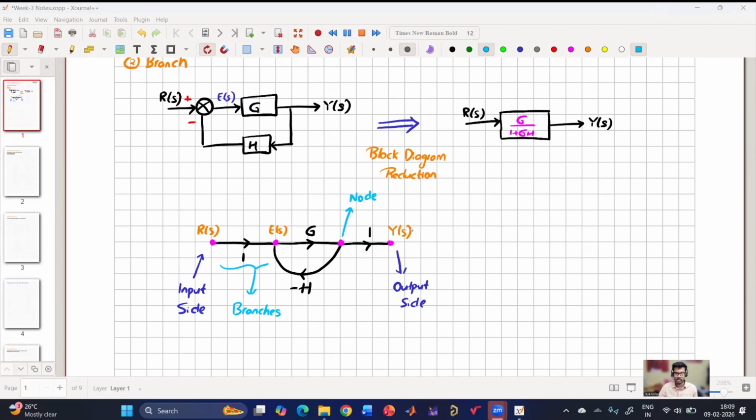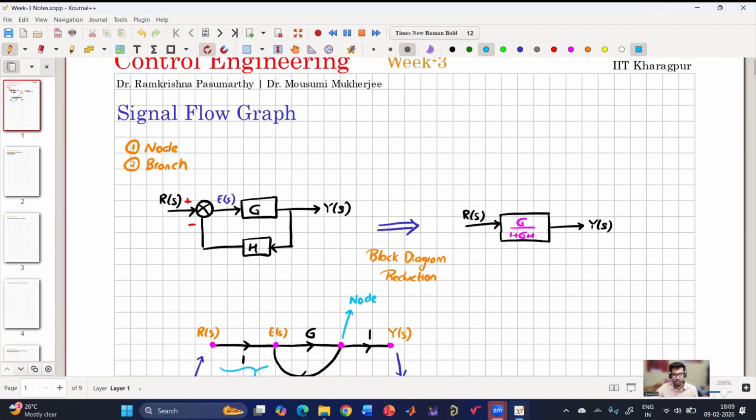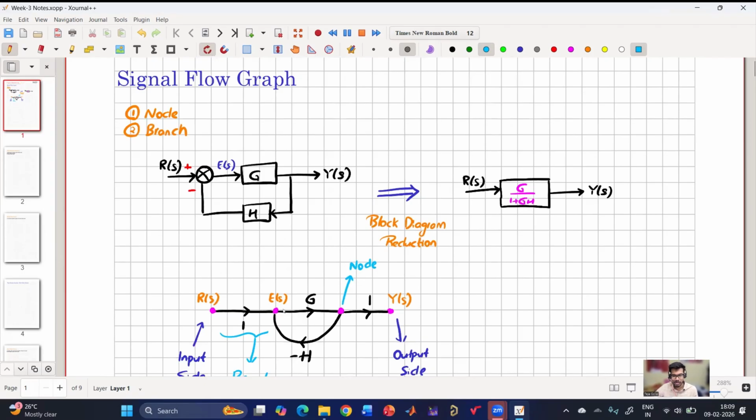So now using this signal flow graph, we'll learn about Mason's gain formula. Mason's gain formula also will need a certain nomenclature that we'll discuss. Then we'll go to Mason's gain formula. So the nomenclature is important. Note how it is coming. The signal will become the node, which is the dot point. Representation is dot.